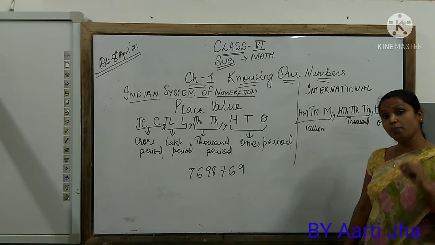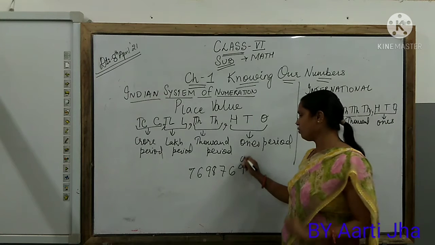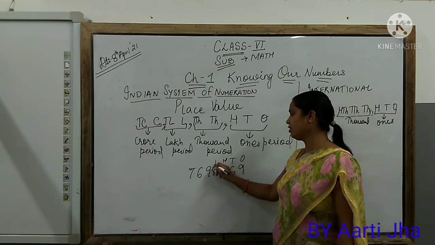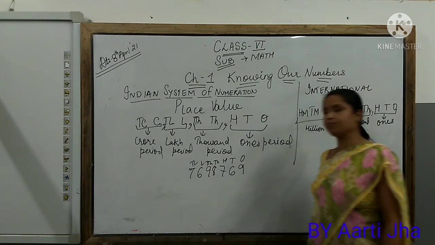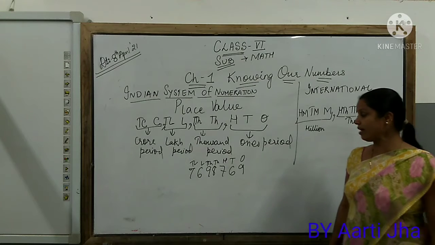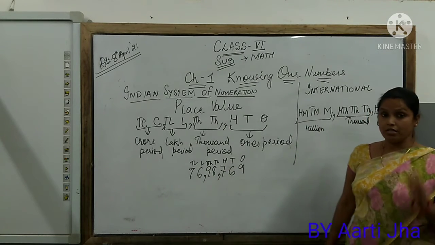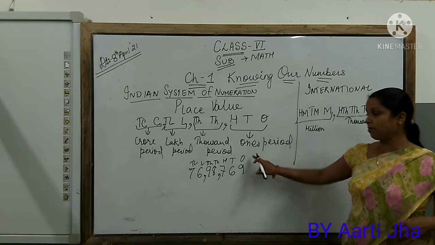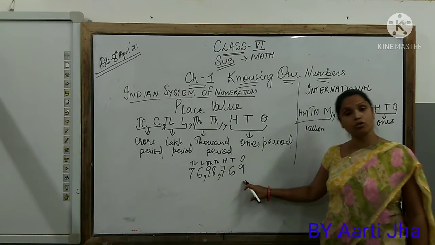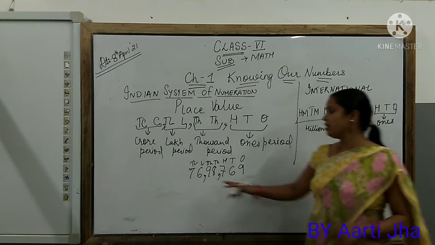Now, I am going to place these digits under the place values. So let's write ones, tens, 100, 1,000, 10,000, lakh, 10 lakh. After writing the place values on top, let's form the groups. See children, you can see the steps I am using here. First I have written my place values on top, then I made the groups, and now I am going to read it. How am I going to read?